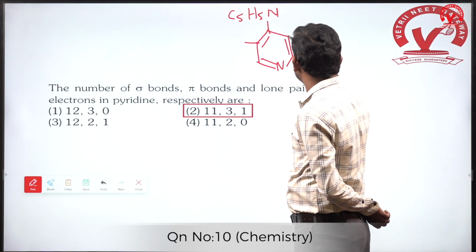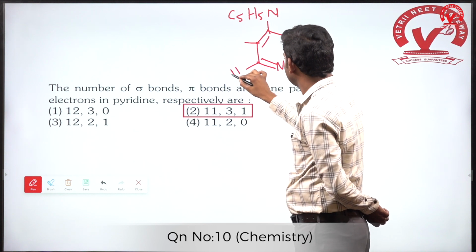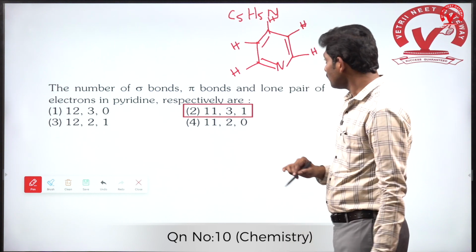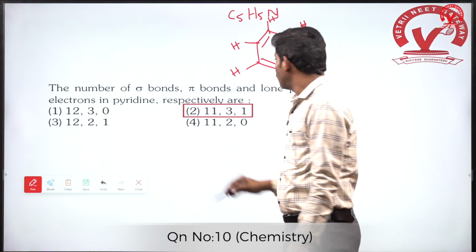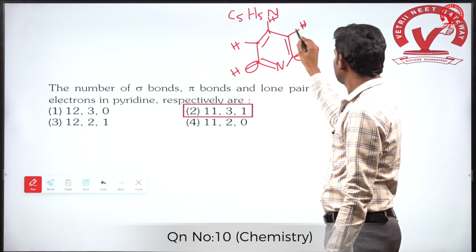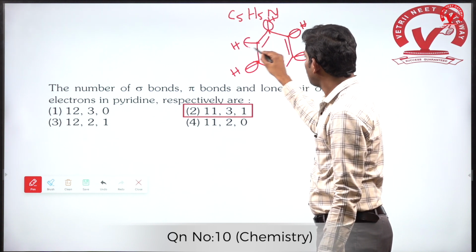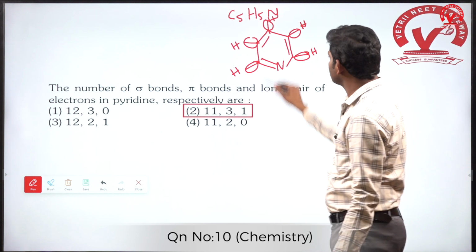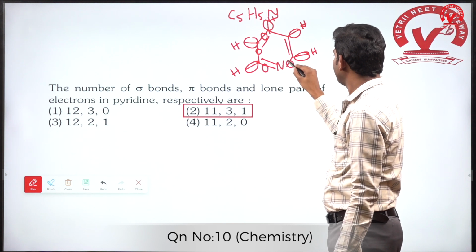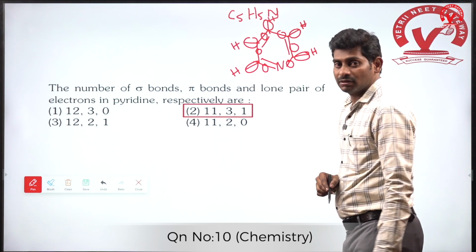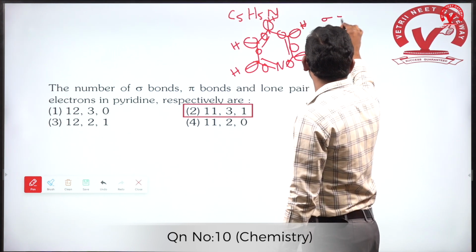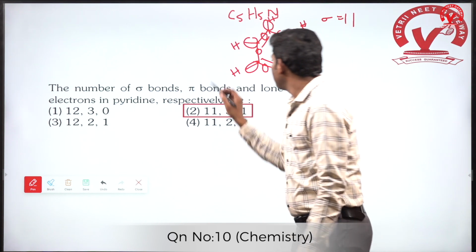All sides have hydrogen. Now the number of sigma bonds you can count: 1, 2, 3, 4, and 5 with the hydrogens, 5 sigma bonds and 1 more sigma bond, 6, 7, 8, 9, 10, 11. So total sigma bonds are 11.